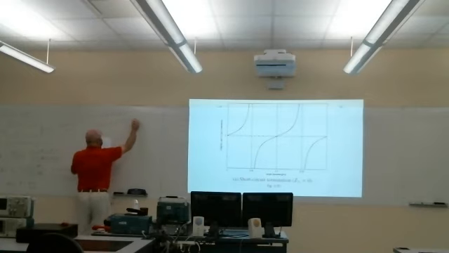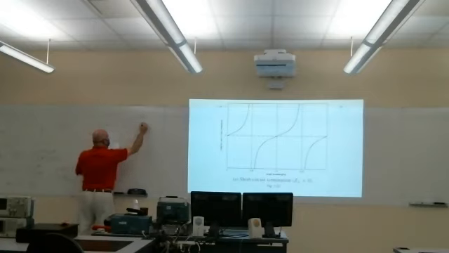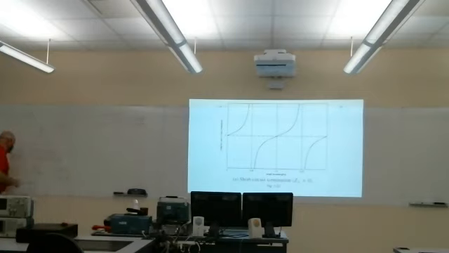There's a little bit of algebra here. Tangent of beta L over Z0 plus j ZL tangent of beta L. And that just comes from actually substituting this expression for gamma into this expression for Zn, and then doing some algebra, multiplying numerator and denominator by ZL plus Z0 and simplifying.